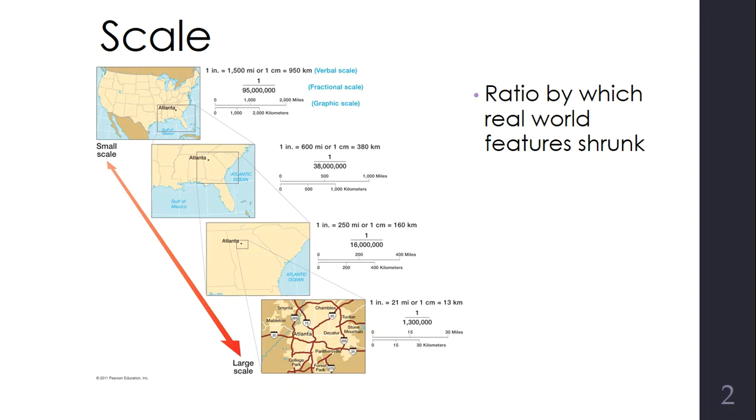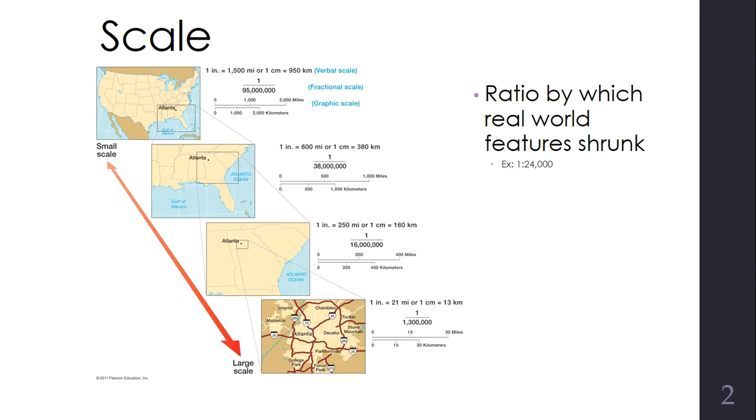And then as we get to a larger and larger scale, we can zoom in first to the Southeast United States, then to the state of Georgia, and then to the Atlanta metro area. And it does this by a ratio, for example, 1 to 24,000. These range from 1 to 95 million to 1 to 1.3 million.